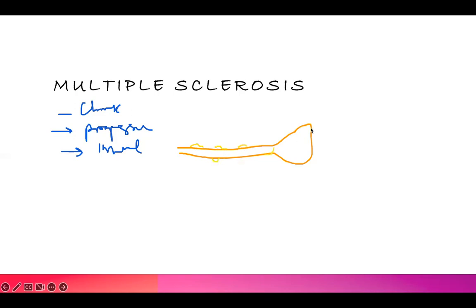If you do a brain MRI, you will see the demyelination in the brain and the spinal cord. Demyelination means there's no myelin, the fatty coating on the neurons that allows messages to go faster. So messages will be transmitted in a slow fashion.